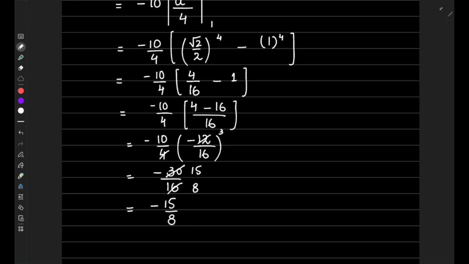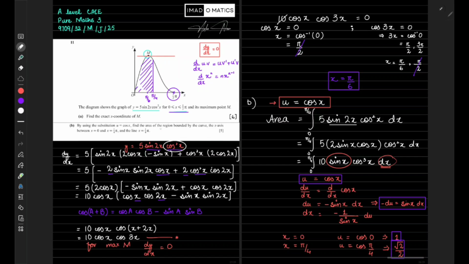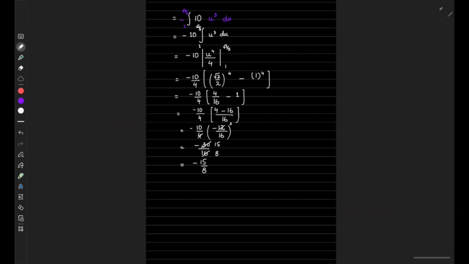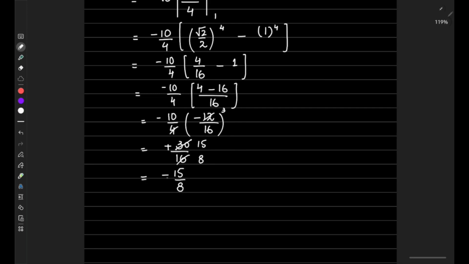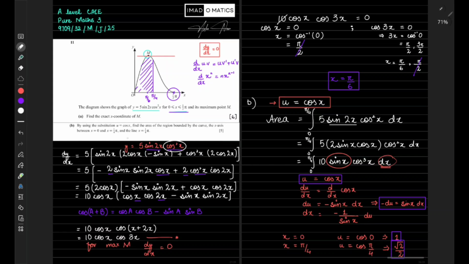Why do we need to find the exact area? No, we didn't want to find that. One more thing, when this is minus minus, this will give you plus. So 15 over 8 is the area of the region enclosed between the curve, the x-axis, x equals 0 and x equals pi by 4.